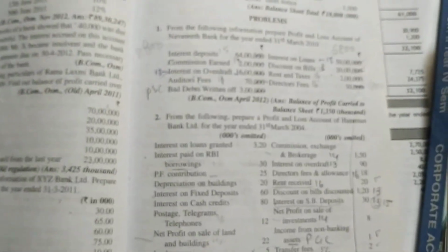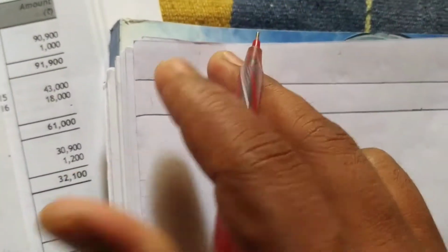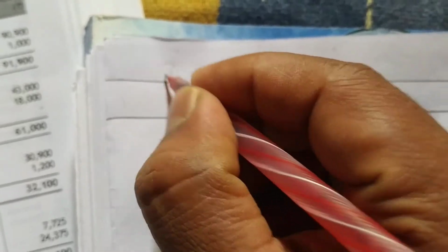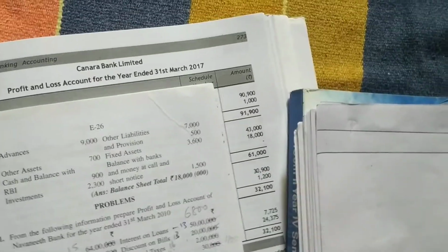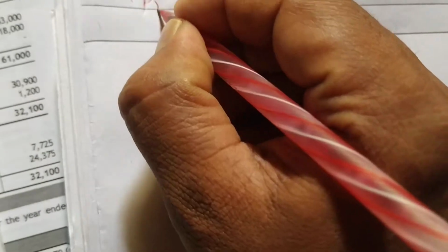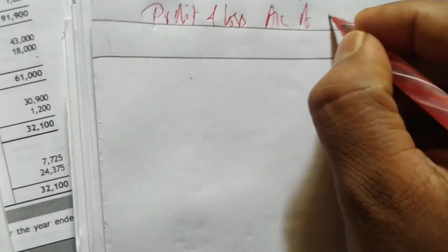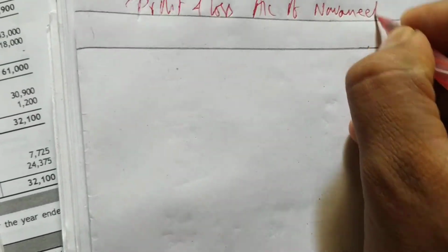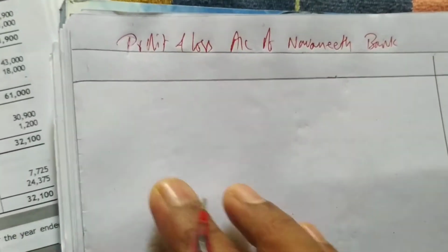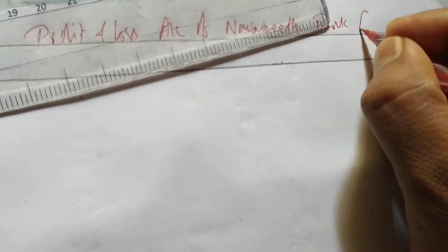So heading will be profit and loss account of Navneet Bank for the year ended.